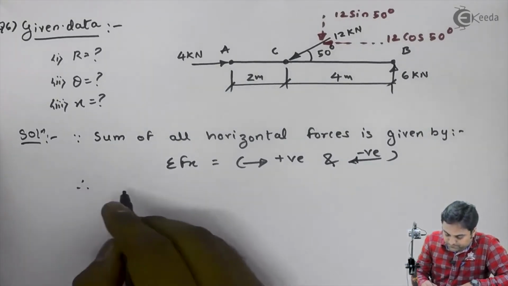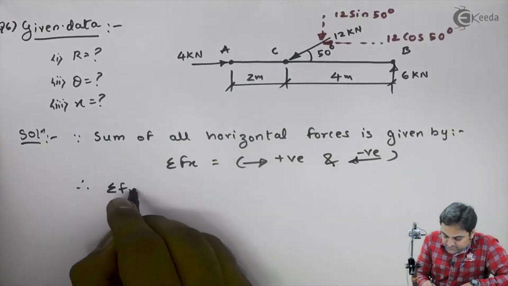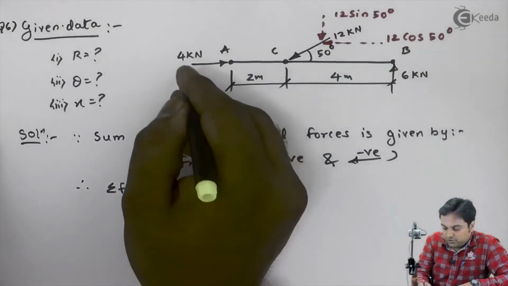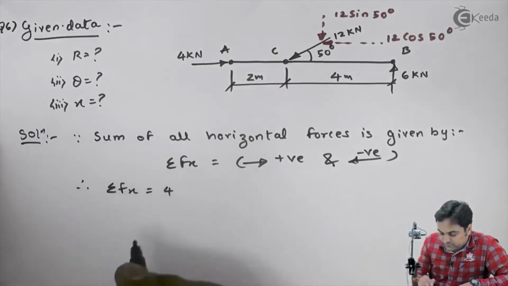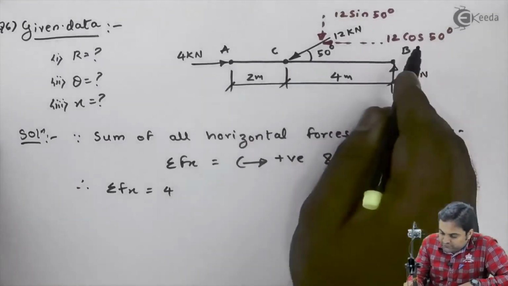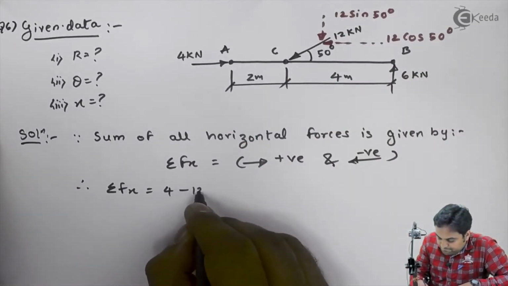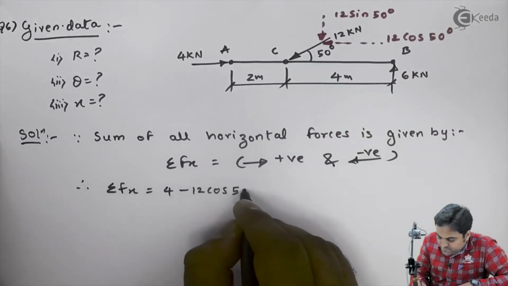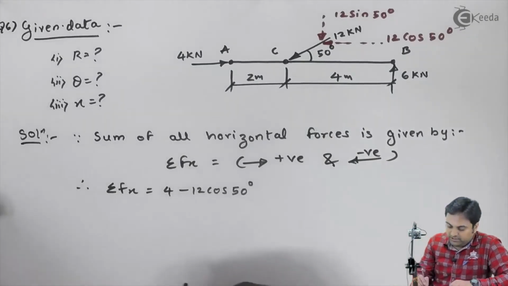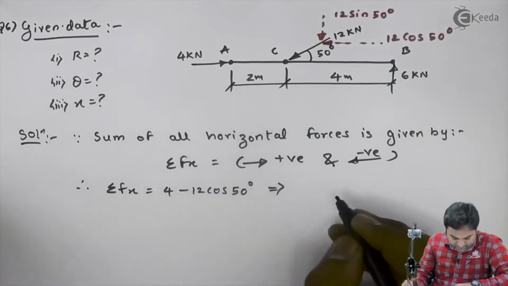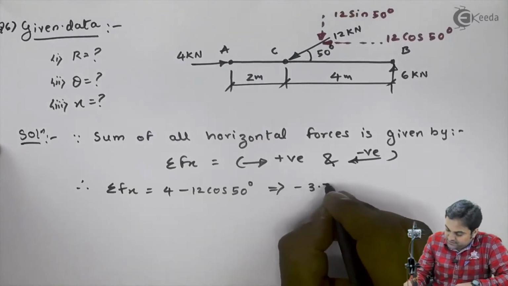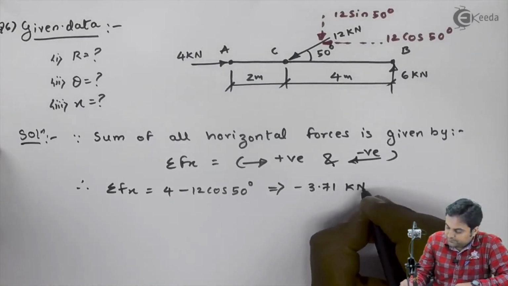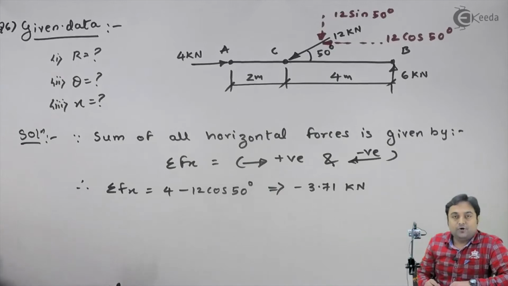So summation Fx is equal to 4 kilonewton towards right, so plus 4, and 12 cos 50 is towards left. Apart from this, we don't have any other horizontal force, so my Fx answer is minus 3.71 kilonewton. I hope you all are getting this.